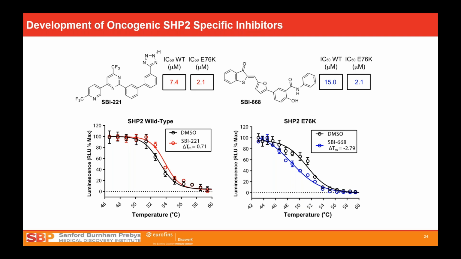So although in general you don't really want destabilizing compounds when you perform thermal shift, I would ask you to think about the allosteric nature of SHP2, and how these things might bind. And so we are interested in this compound, even though it is a destabilizer.